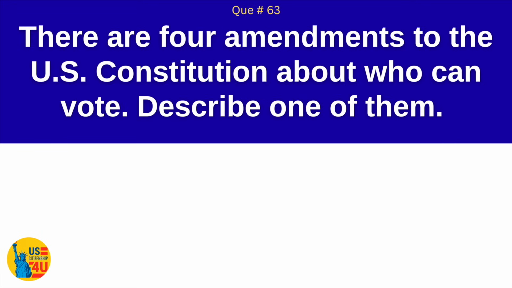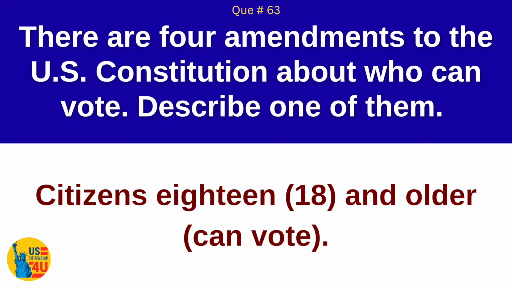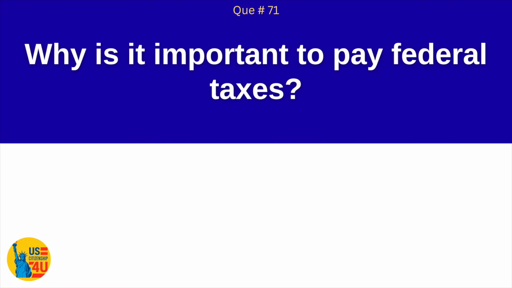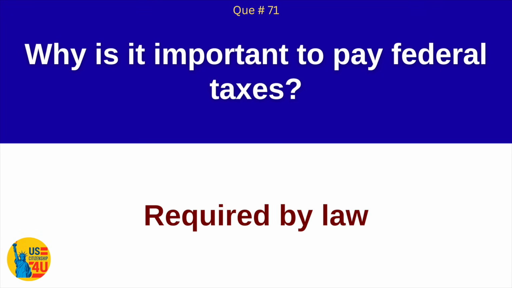There are 4 amendments to the U.S. Constitution about who can vote. Describe one of them. Citizens 18 and older can vote. Why is it important to pay federal taxes? Required by law.